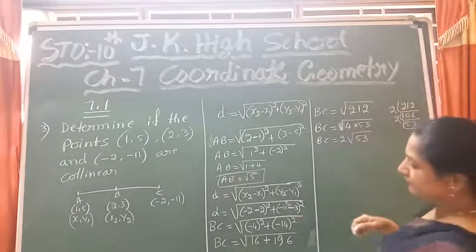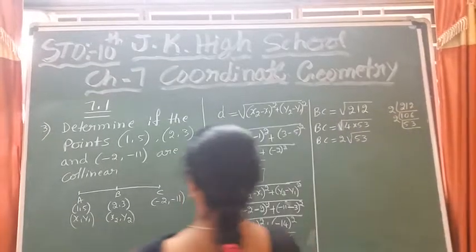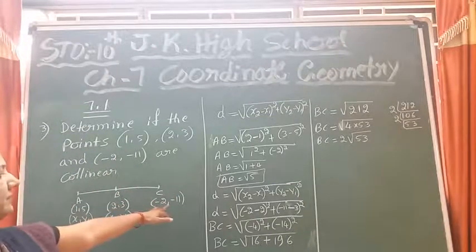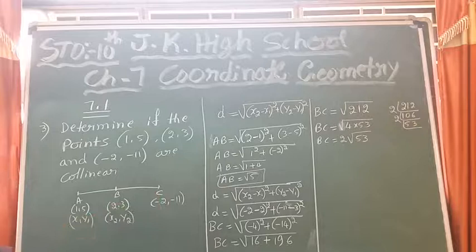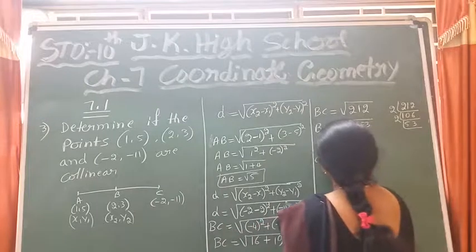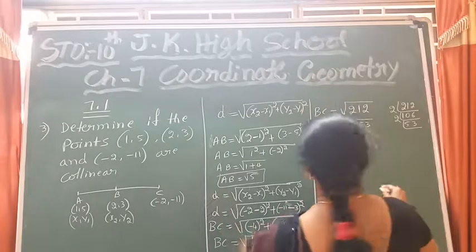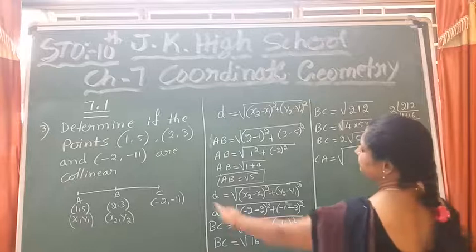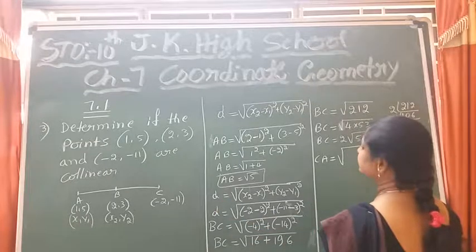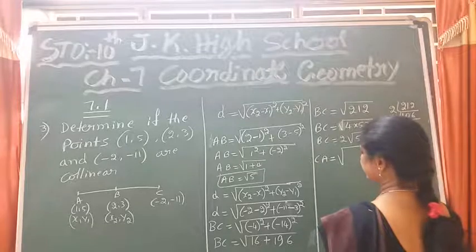Now I will find out the CA measurement distance by using the distance formula. For CA, x1, y1 is the C coordinates and x2, y2 are the A coordinates.